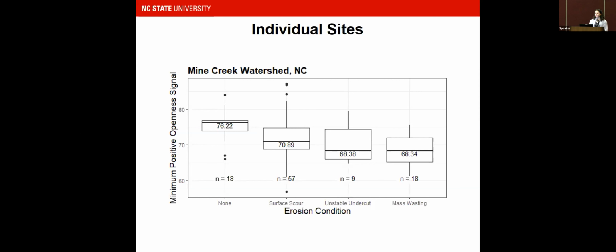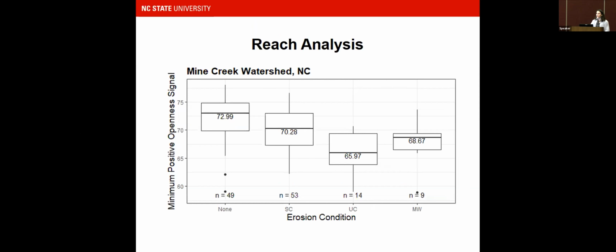And for the more severe types of erosion, unstable undercut, mass wasting, you have a lower signal. So I also found the same trend for all of my reaches. And this indicates that the positive openness layer can be used to identify where you see erosion and where you wouldn't see erosion.